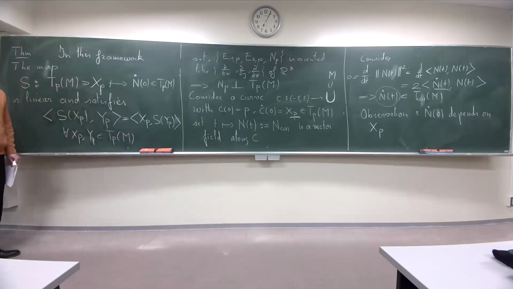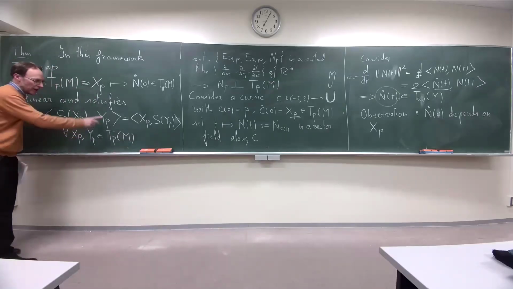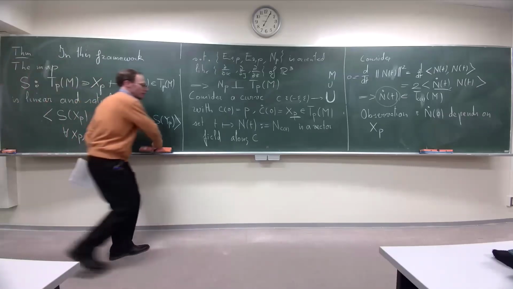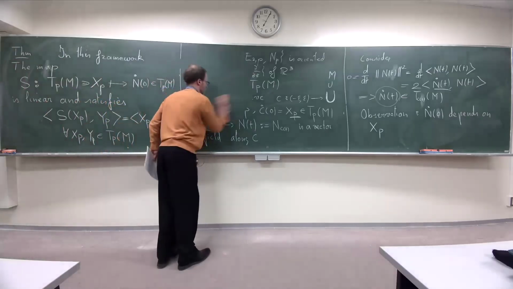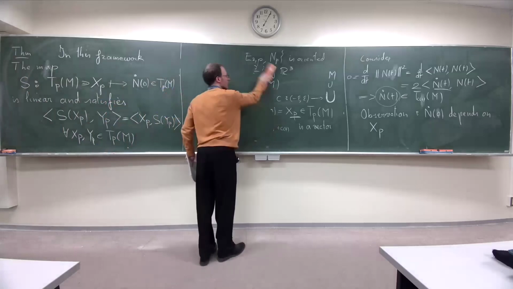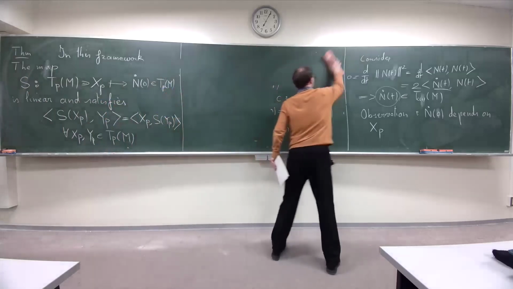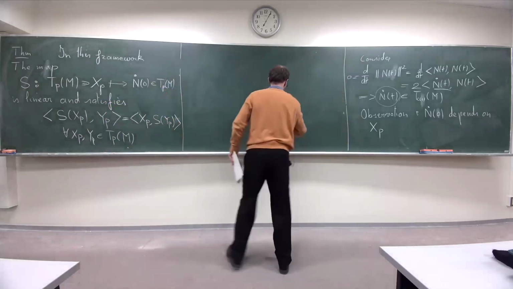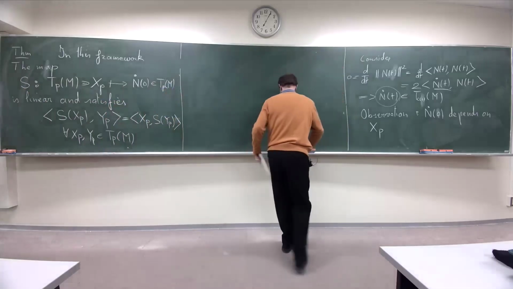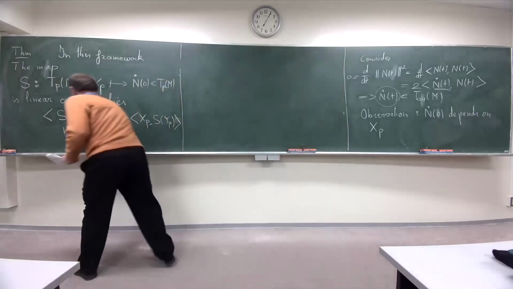And TpM is a finite dimensional vector space. So what we have just defined is a self-adjoint operator or self-adjoint matrix or Hermitian matrix. It's a linear map which is self-adjoint. It's a bit surprising, but it works.